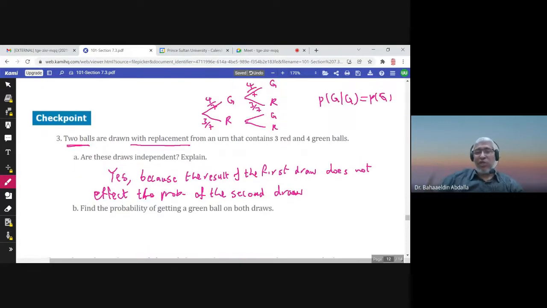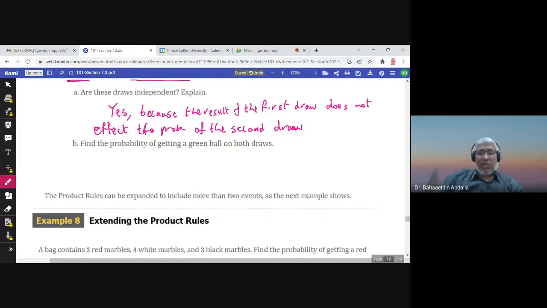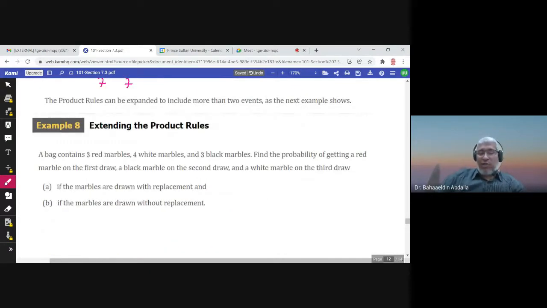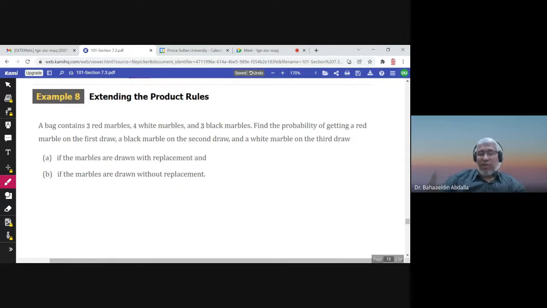Green ball, GG. So in this case, it's 4 over 7 times 4 over 7. Well, the product rule for independent events can be expanded for more than two. Okay. And for other events also, but for independent, it would be easier.